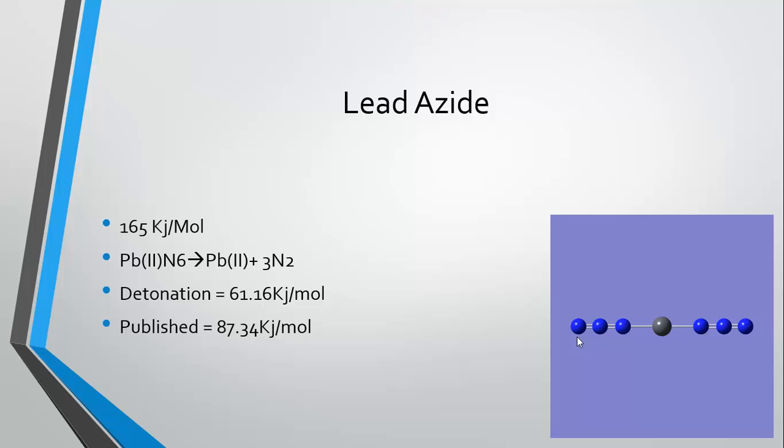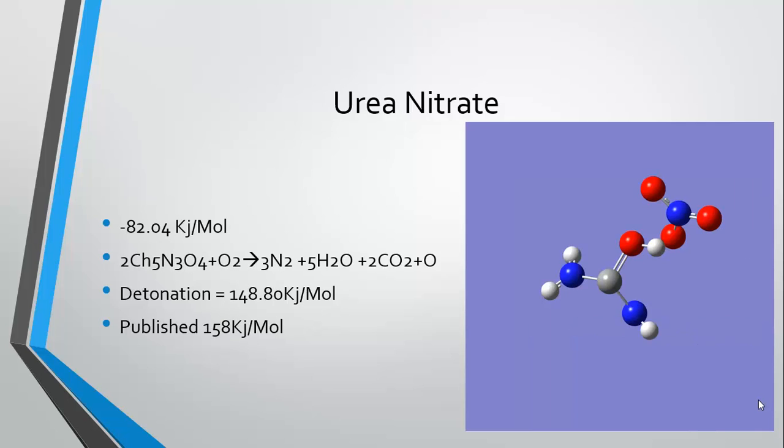But what I liked here on detonation, 61.16 kilojoules per mole versus the published of 87.34, and I consider that fairly close, especially because I was not exactly able to produce the ion effects that happen in lead azide when it's created. Urea nitrate was a little bit tricky, but if you'll notice the numbers are dead on, or really close for the detonation and the published.